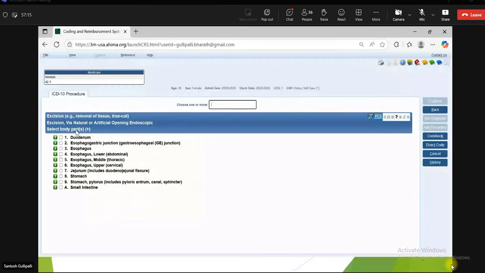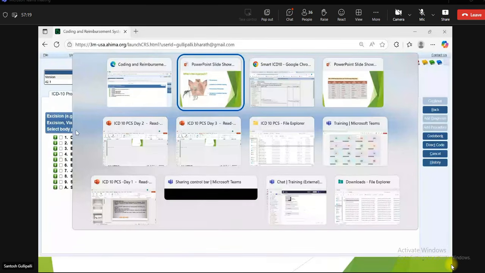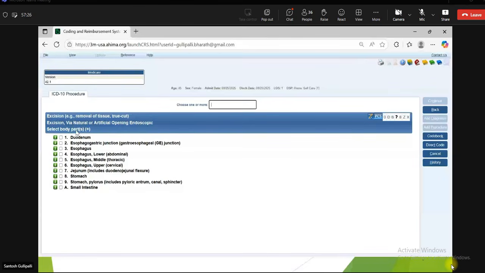So the body part is duodenum. Option 1: no additional biopsy procedures, no more ECG procedures, no ultrasound guidance.